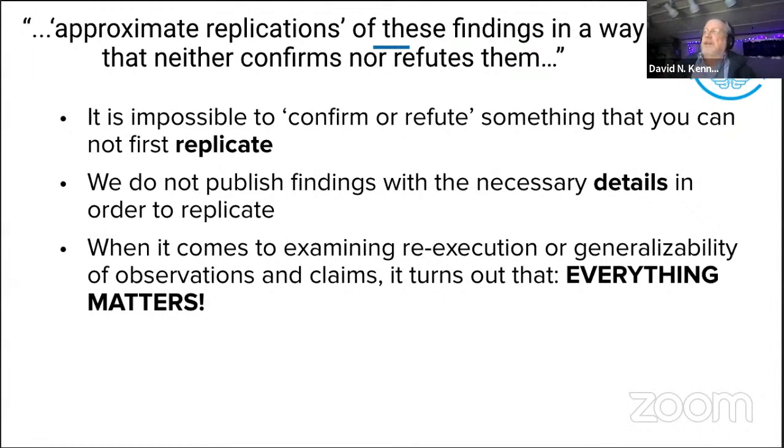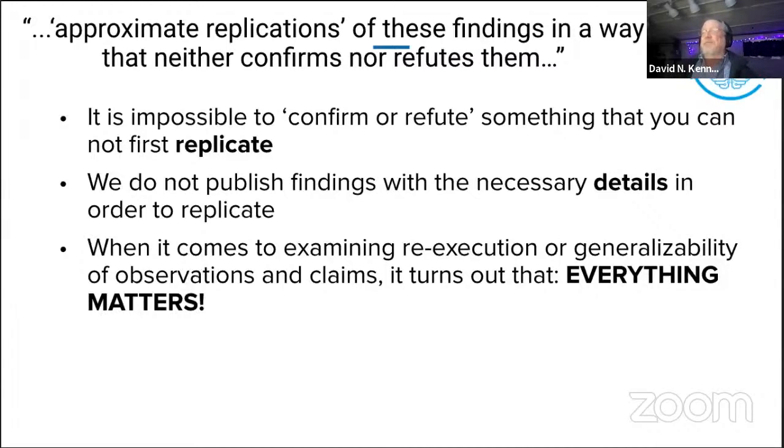Second, we tend to not publish our findings with the necessary details in order to support replication. So again, the PDF, the traditional publication, and word counts and readability and sort of the human aspects of things really are not commensurate with the highly digital, highly complex, highly computational nature of the science that we're doing.